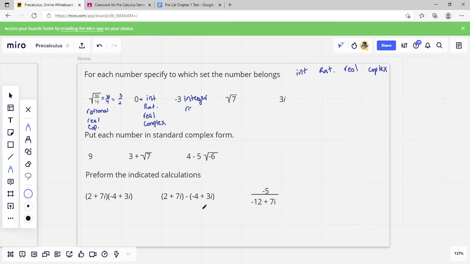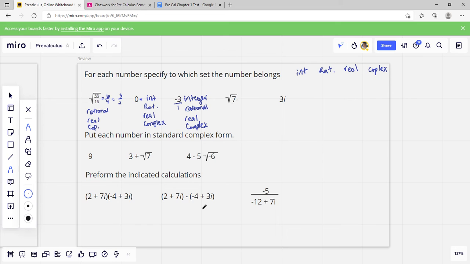Yes. Remember, rationals are ones that can be written as a fraction. We can write that as -3 over 1. It is a real number. It's not imaginary. It doesn't have any i part. It doesn't have any square root of -1. And it's a complex number, because any number can be a complex number. That's just the real part, and the imaginary part is 0.